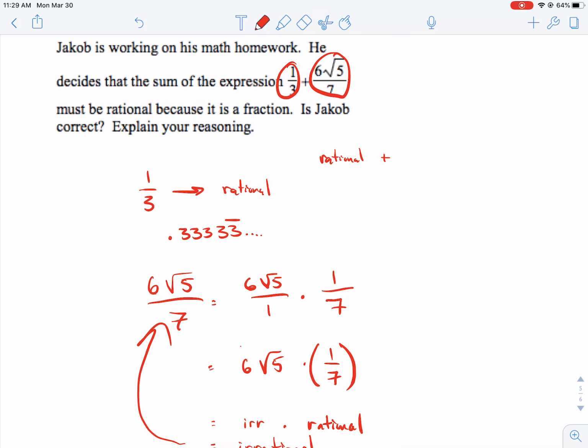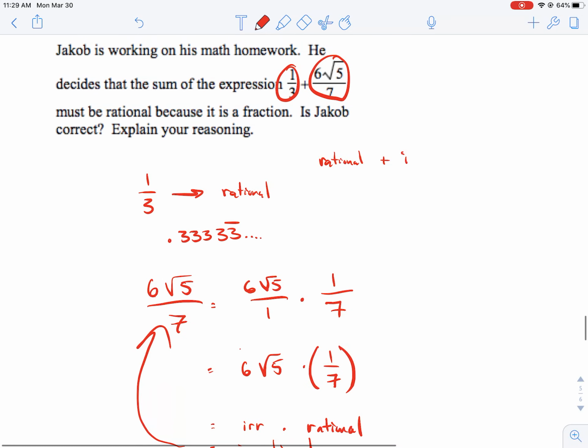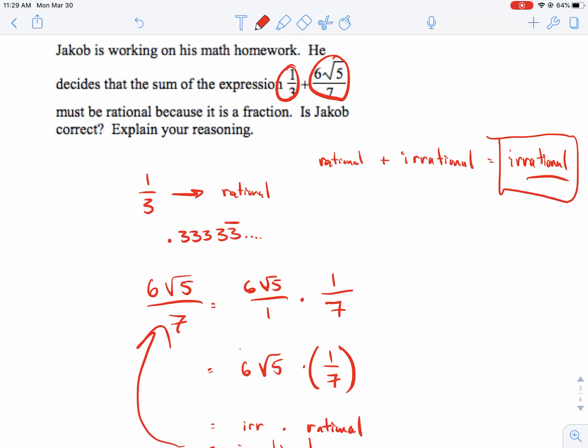So this number right here is an irrational number. Even though it is written as a fraction, because we have that radical in there, it is still considered an irrational number. So now we have a rational plus an irrational. Remember our rules, rational plus an irrational number is always irrational.